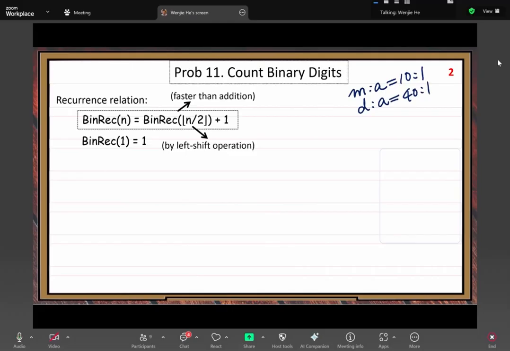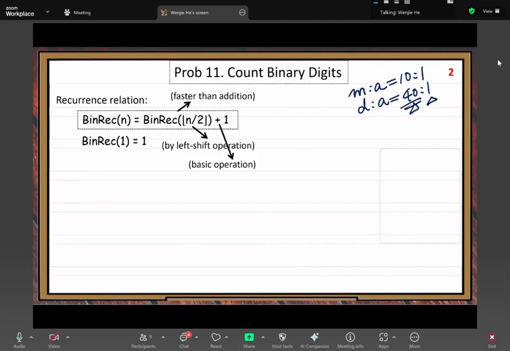So when we do division by 2, where 2 is the base number, you just shift the binary point. It's faster than addition. Addition is 1 unit of time, so shift is even faster than 1. Division is 40. Now you can see why people use shift operations.